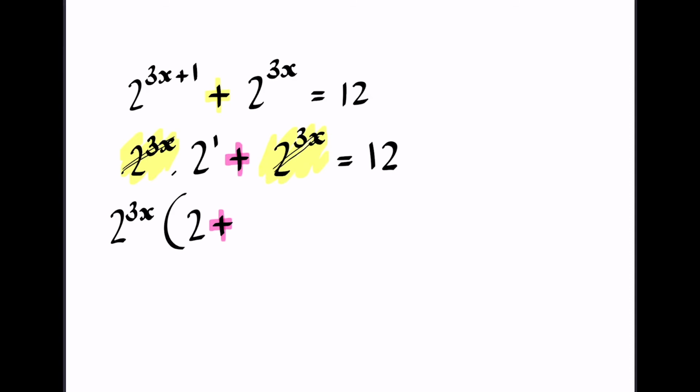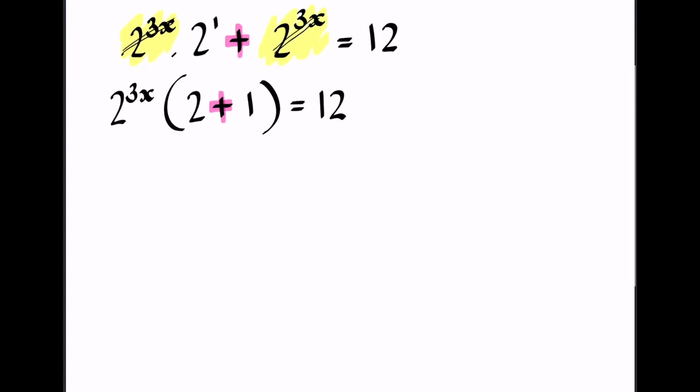So when I take 2 to the power of 3x out of 2 to the power of 3x, I'm left with a 1, and that is equal to 12. So now I have 2 to the power of 3x multiplied with 3 equal to 12.